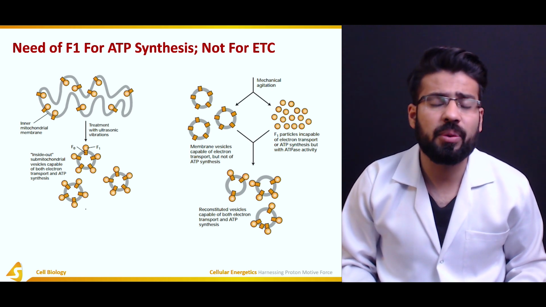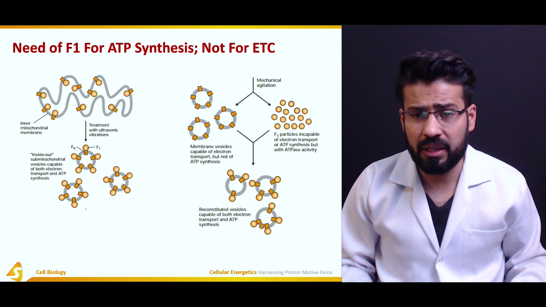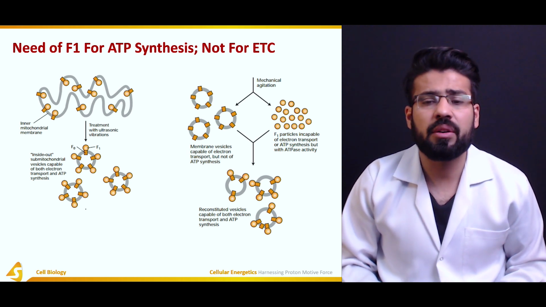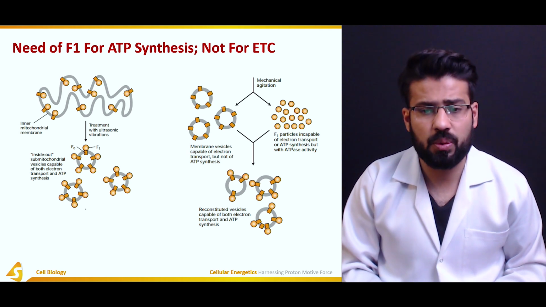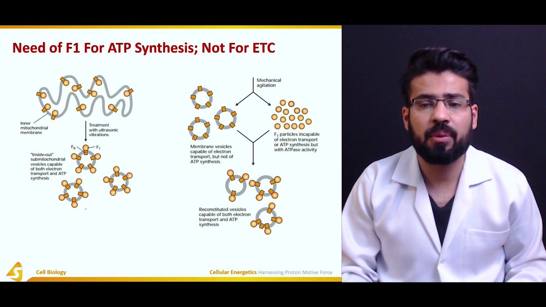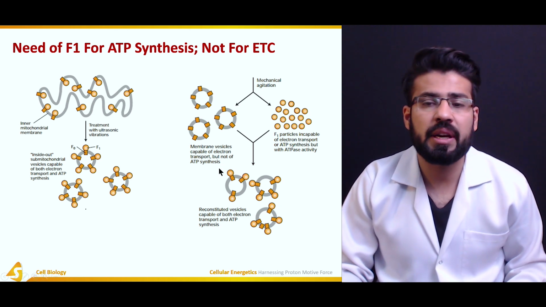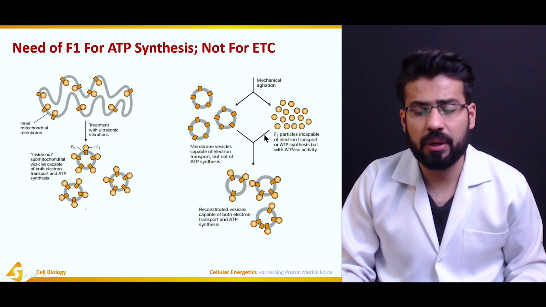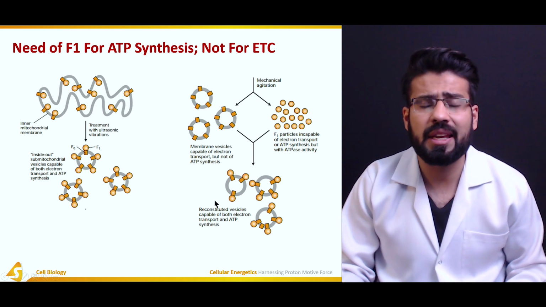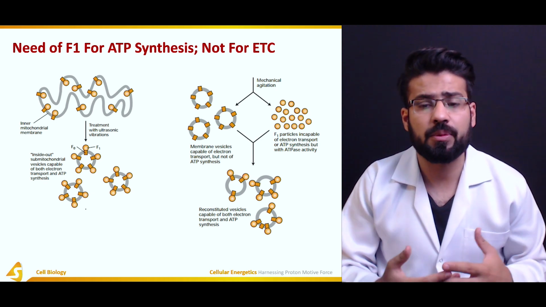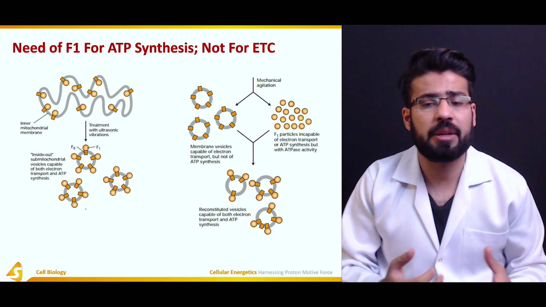In the very next step, because they have been mechanically removed, they can be mechanically combined as well, and we are going to reconstitute these vesicles by the reversible step. What we'll do over here is combine again the heads, the F1 subunit, with F0, and then see if the reconstituted vesicles are capable of both electron transport and ATP synthesis.